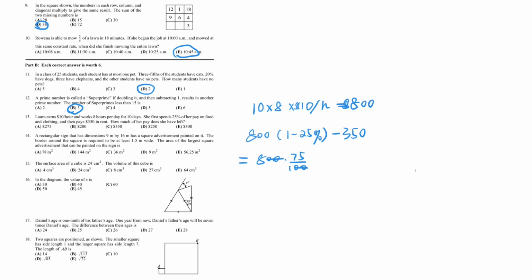Percentage, cancel 20, gives 600, minus 350 gives us $250. That's what she has left. Therefore, the answer of the 13 is the $250 left. That's the D.